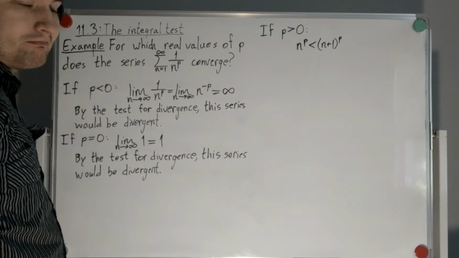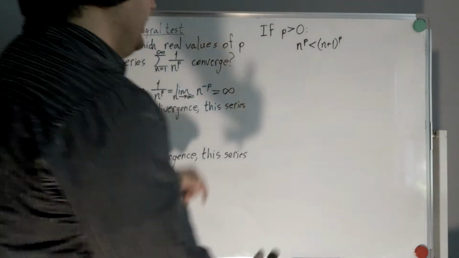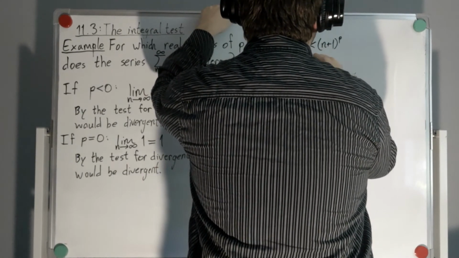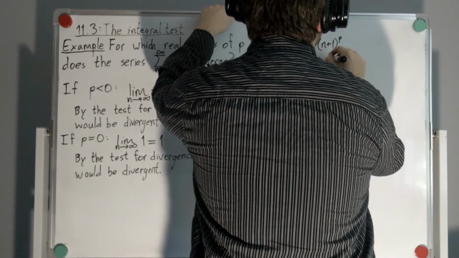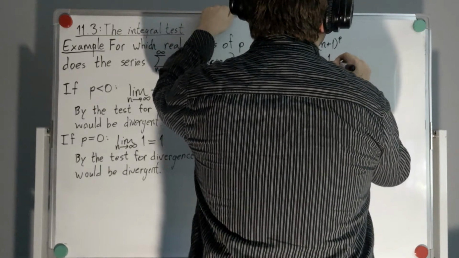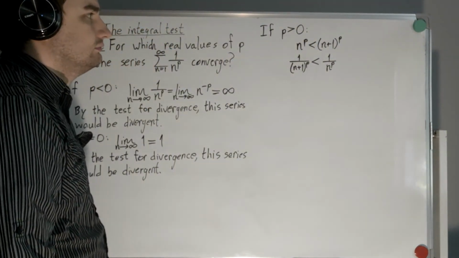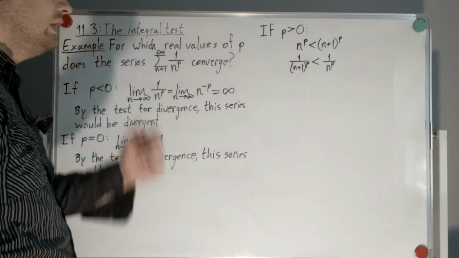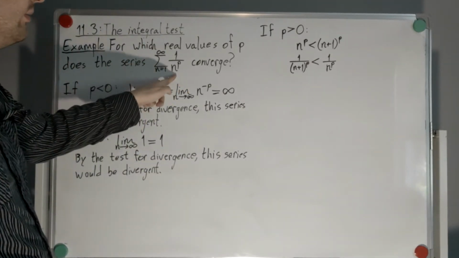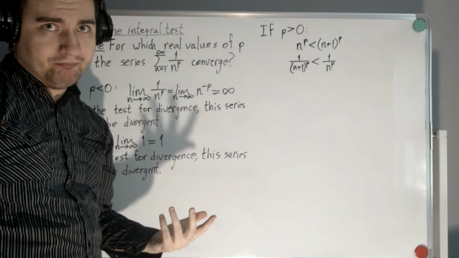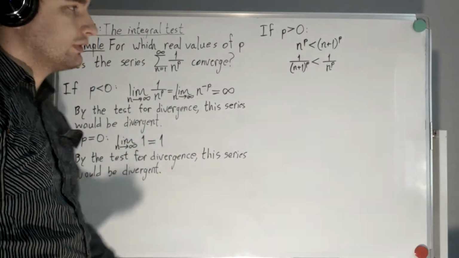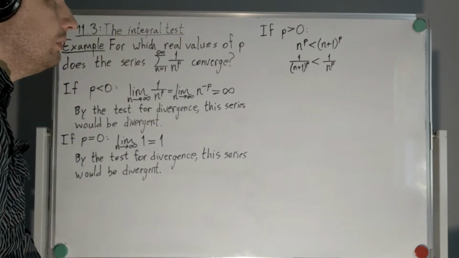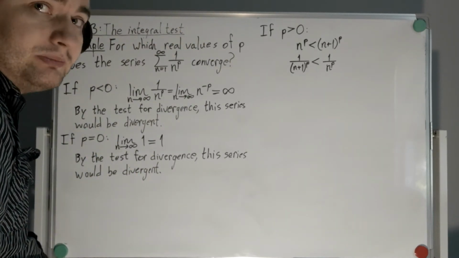Right? And so that would mean that 1 over n plus 1 raised to the p has to be less than 1 over n to the p. And that means that this sequence of terms is decreasing. Therefore, it's eventually decreasing, which in turn means that the integral test may apply.